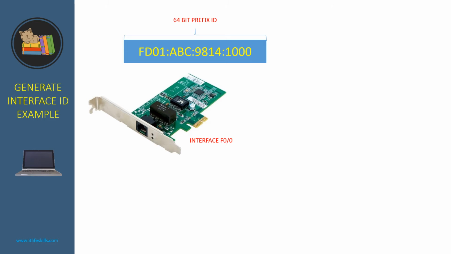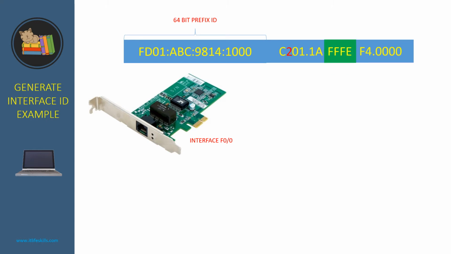Since it is configured with EUI64, the router will extract the MAC address of the interface F00, then split it into two halves. It then inserts FFFE into the middle, making the number a 64-bit number.